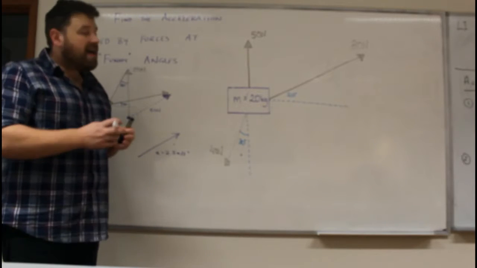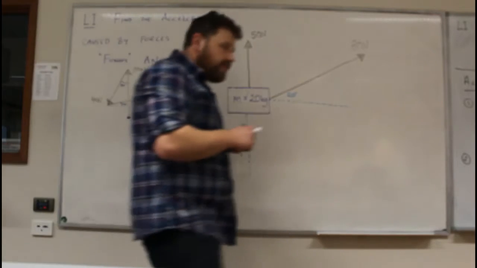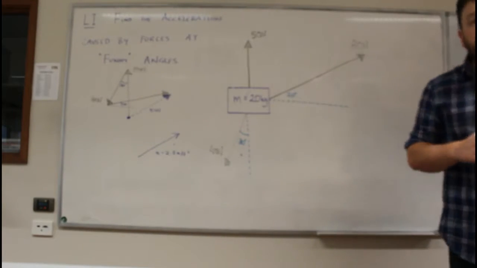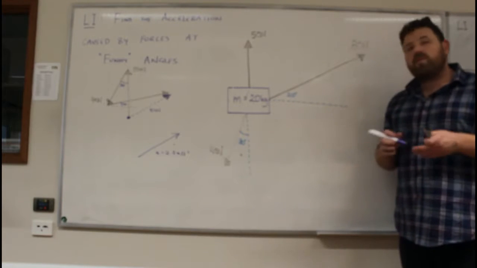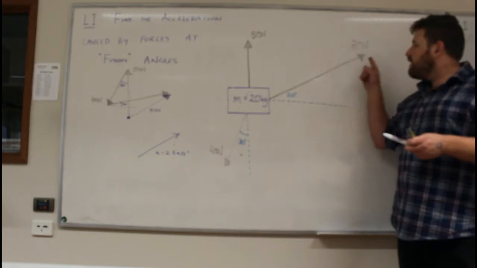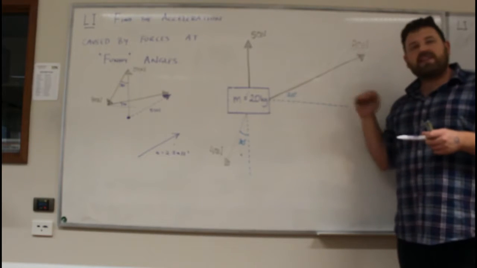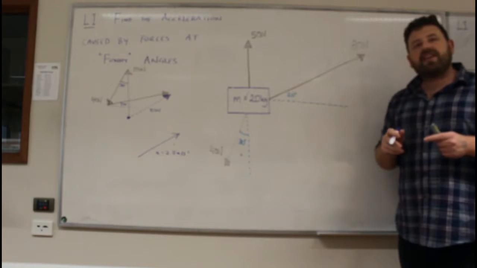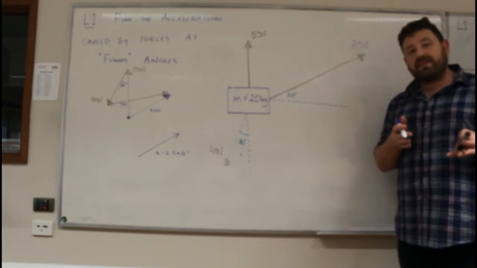In order to do that, we do a thing called resolving components. To resolve components, we take every vector which is not at a nice up, down, left or right, and turn it into two vectors: one which points up and down, one which points left and right.